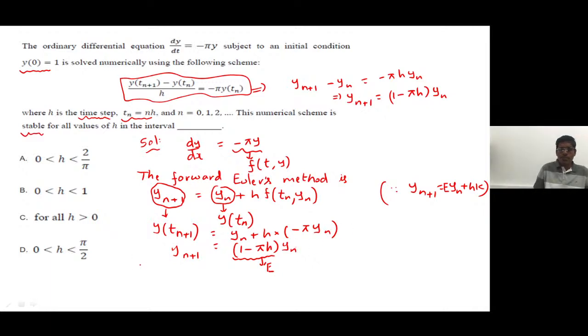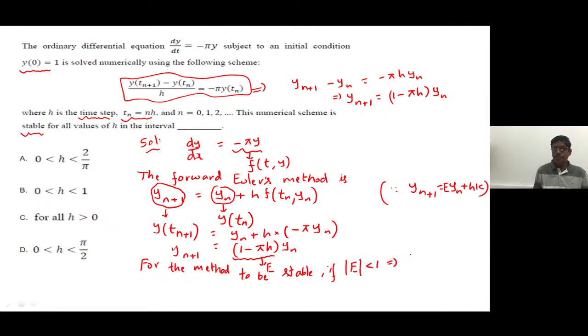So for the method to be stable, mod E should be less than 1.